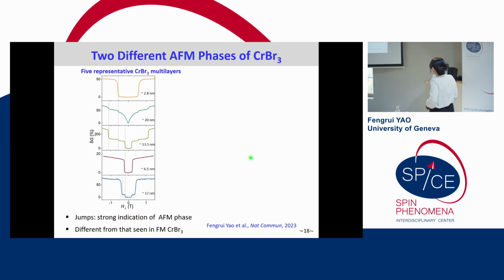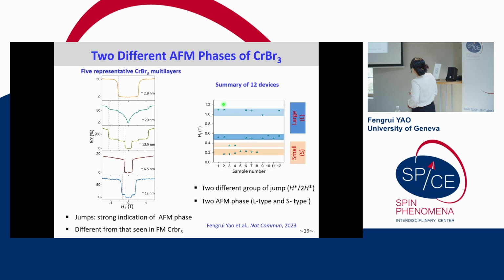But when we measured more samples, we found they can also show jumps. Here are a few representative chrome bromide devices, and if we summarize these jumps, we can see these jumps can be assigned to two groups.